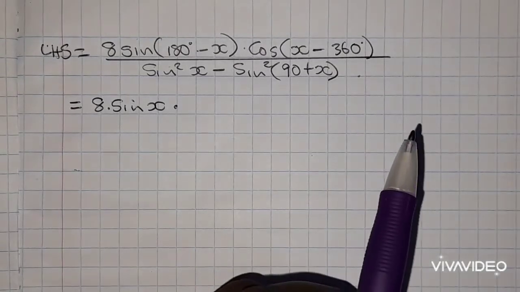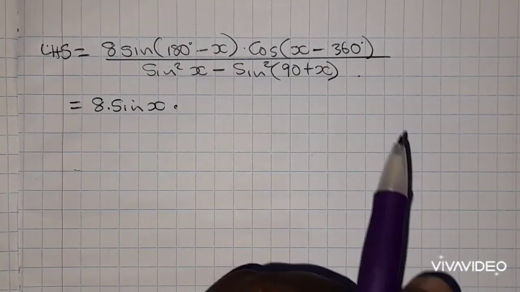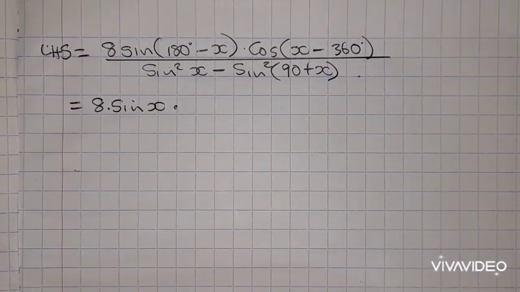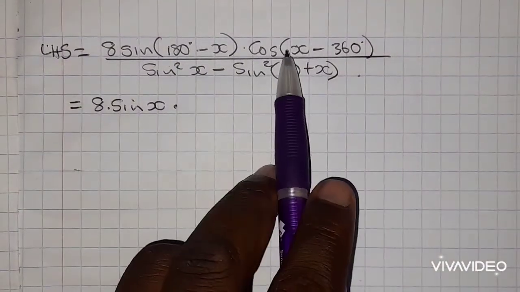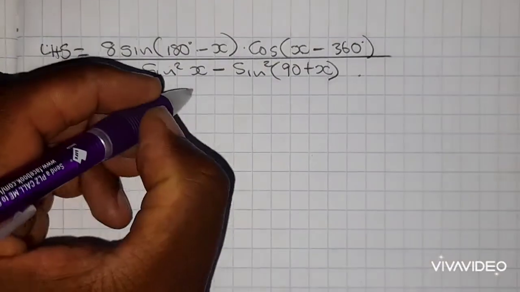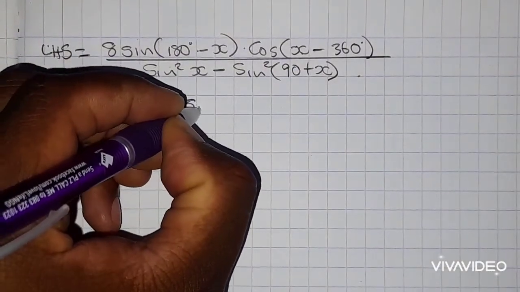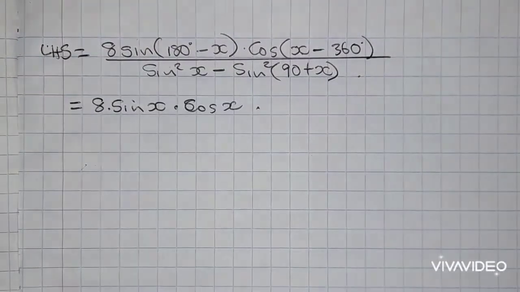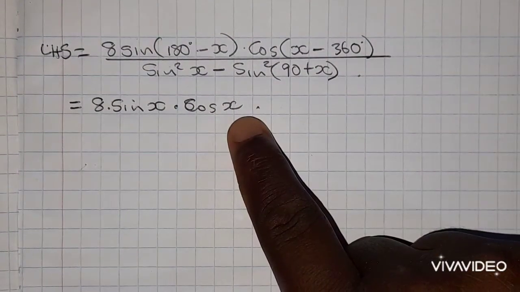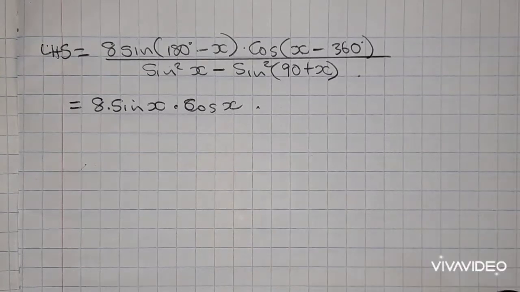I want you to remember that 360 is a revolution. So if you add 360 or subtract 360 from an angle, it does not change position. It remains at the same position. So with that, we can say cos (x minus 360) is equal to cos x, because if we add 360 to this angle, it remains the same.